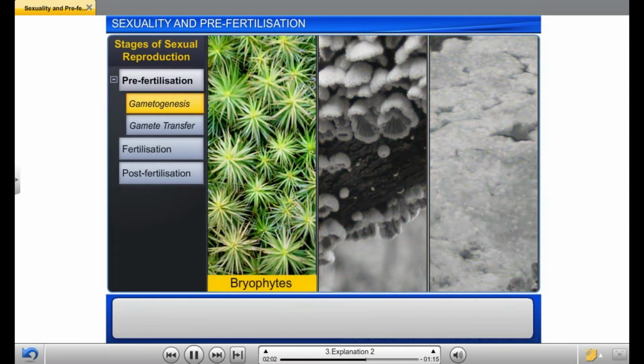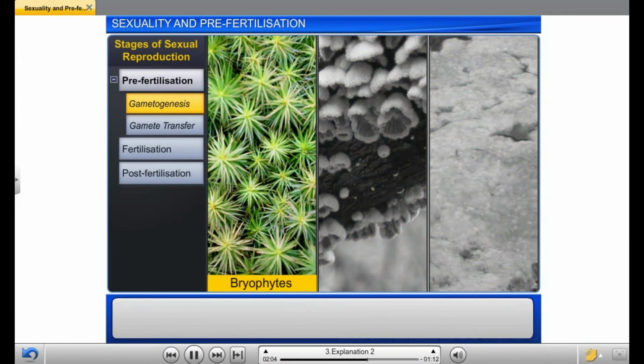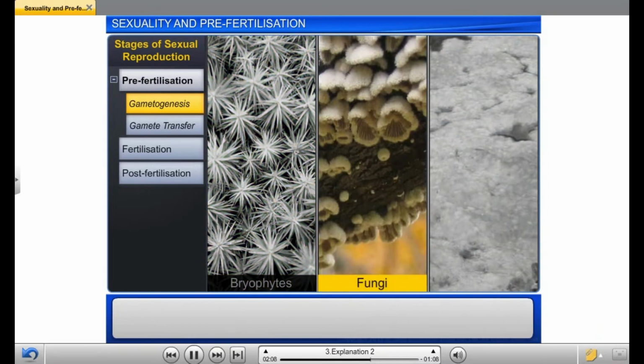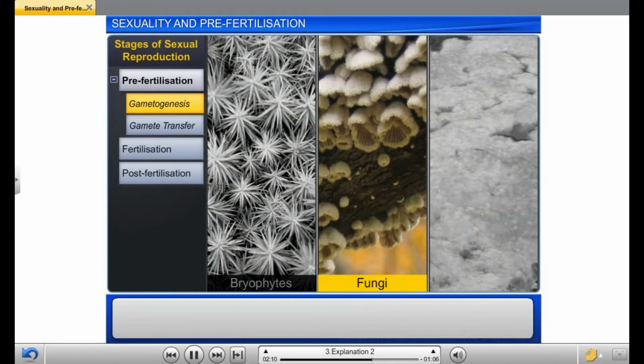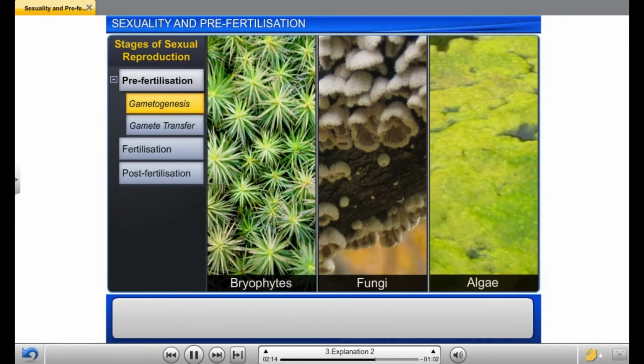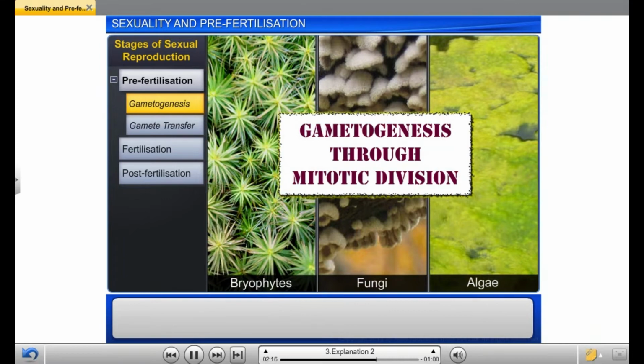Apart from bryophytes, other haploid organisms belonging to fungi and algae too produce gametes by mitotic division.